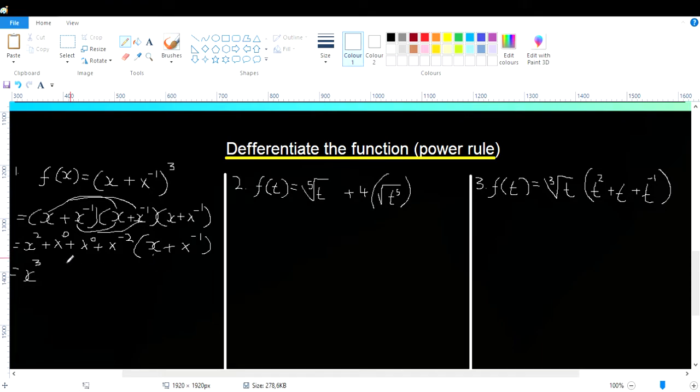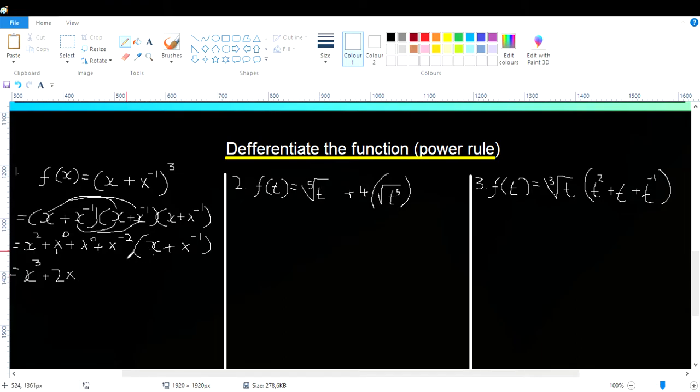Then x times x to the power 0 is equal to 1. Here 1 plus 1, which is equal to 2. Then 2 times x is equal to 2x.